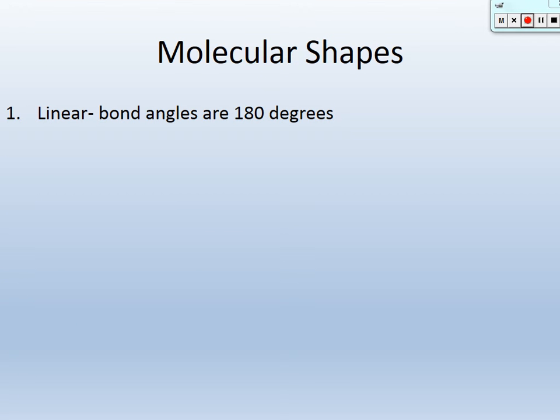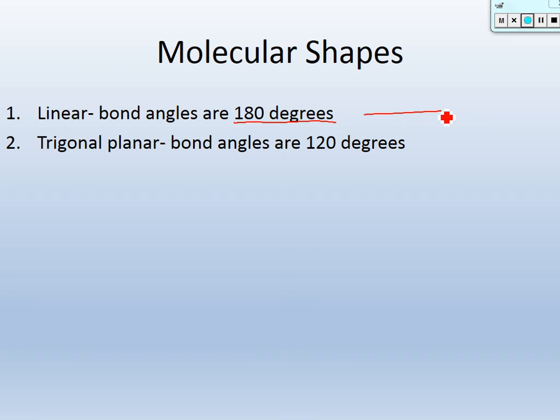Okay? So, molecular shapes that we're going to study. Number one, they're called linear. What does linear mean, guys? You had math? Yeah, it's a straight line. So the bond angles are 180 degrees. Linear means it's a straight line. Bond angles are 180 degrees. The second one we're going to study is called trigonal planar.